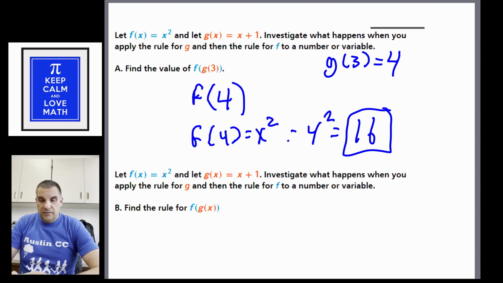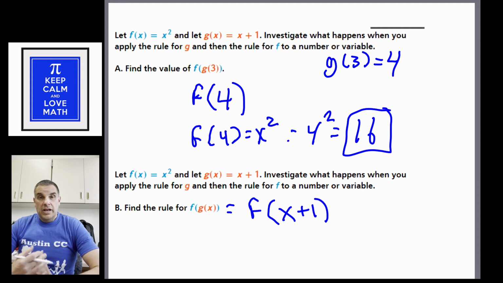So essentially, I'm going to find f, but substitute the g of x for what I know g of x is equal to, and g of x is equal to x plus 1. So now I have to find f evaluated at x plus 1. Talking about functions, that means anywhere I see an x in the f function, I need to replace it with an x plus 1.